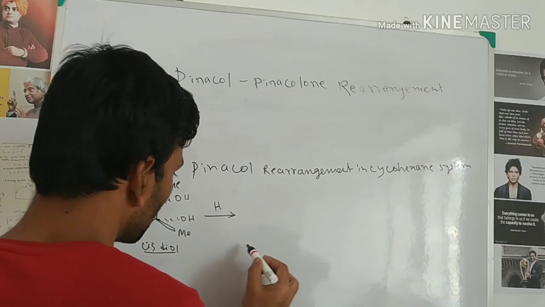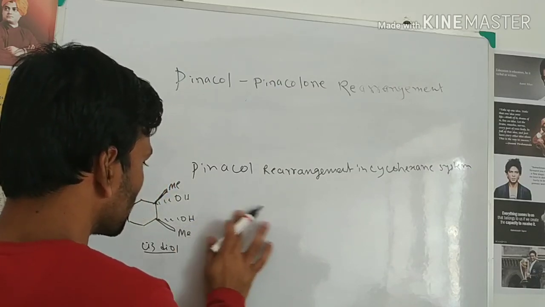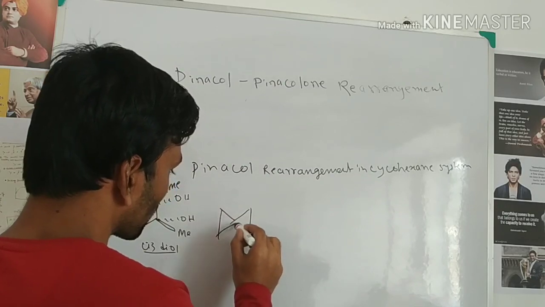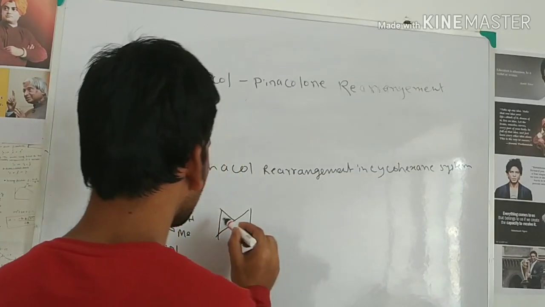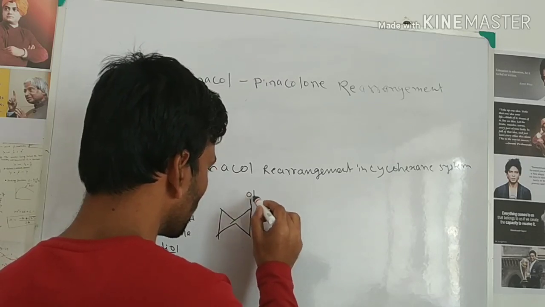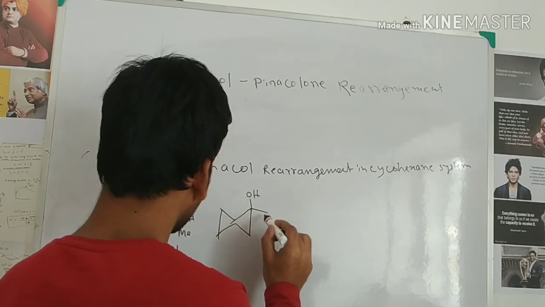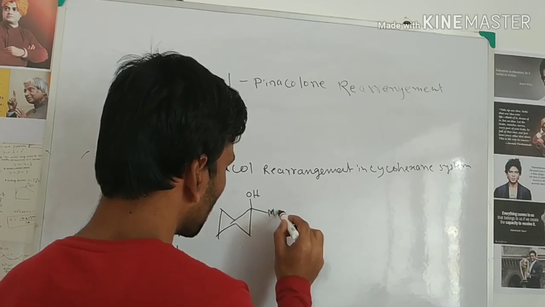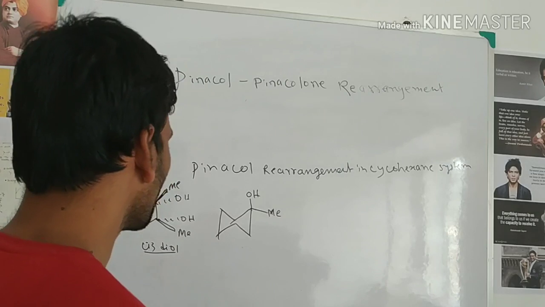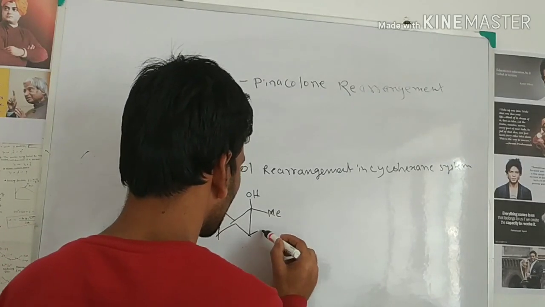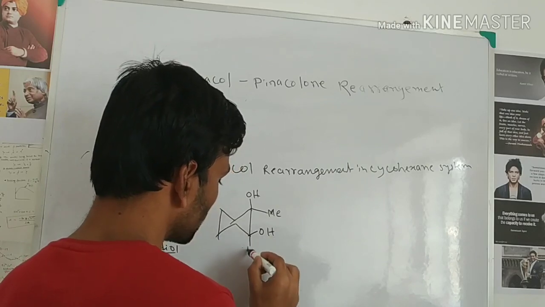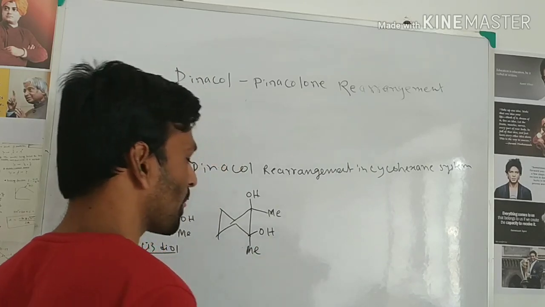First, the cyclohexane structure of the cis diol. The cis diol means one OH is axial, methyl is equatorial, and the other OH is equatorial, and this methyl is axial.